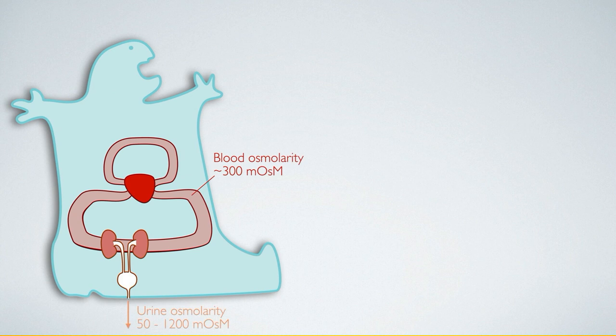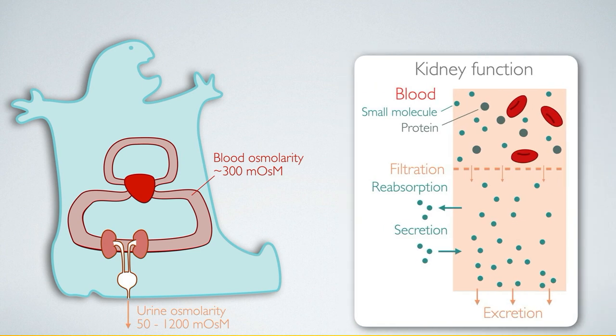And to achieve that, the urine has to be a variable osmolarity. And the way that variable osmolarity is achieved is what we're going to focus on in this lecture. So the kidney filters the blood. And the first step in that process is filtration, the focus of the previous lecture.